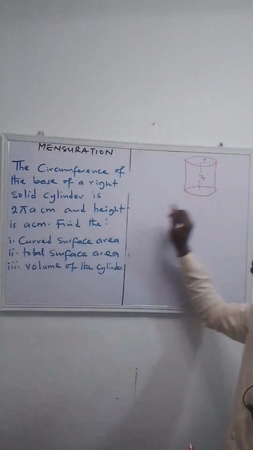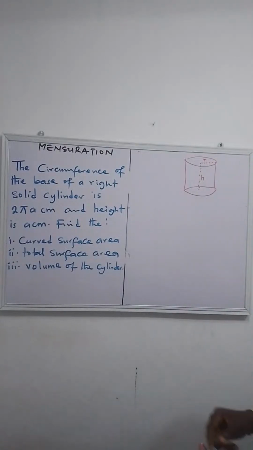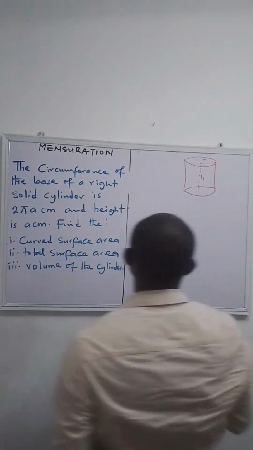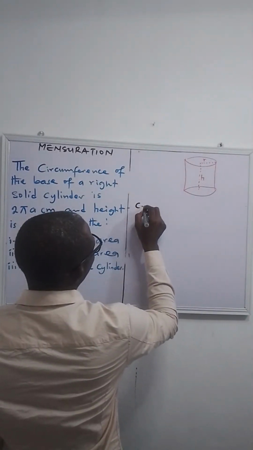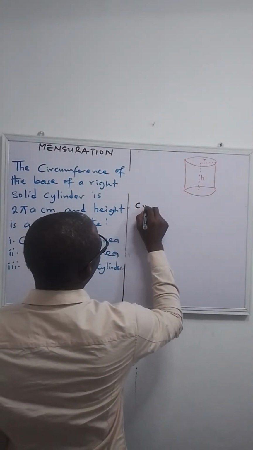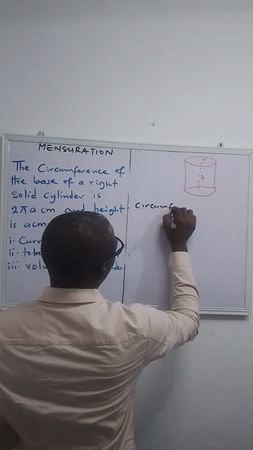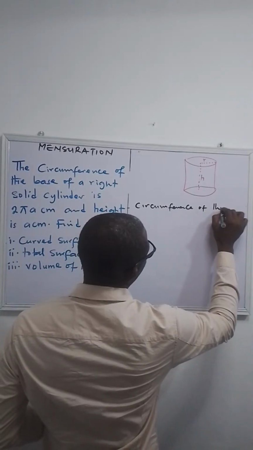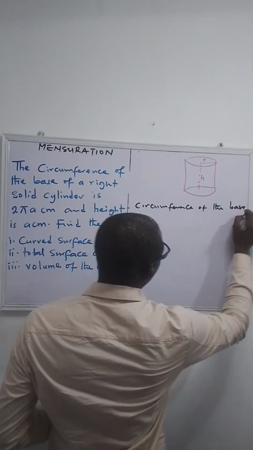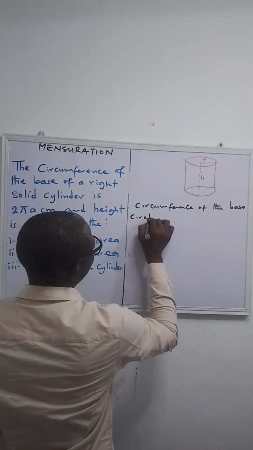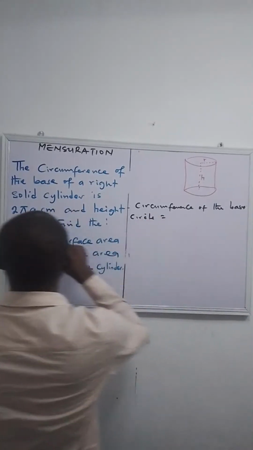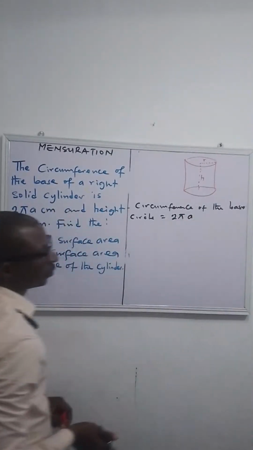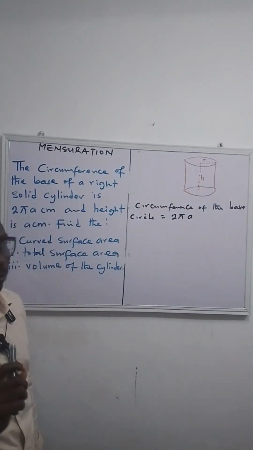You know the formula for circumference of the circle. So we have circumference of the base circle is this. So it's 2 pi a. All right, so that's what the question gives us.